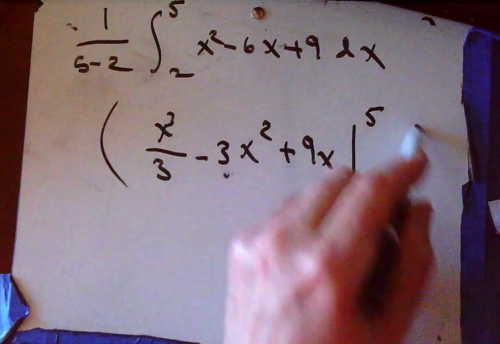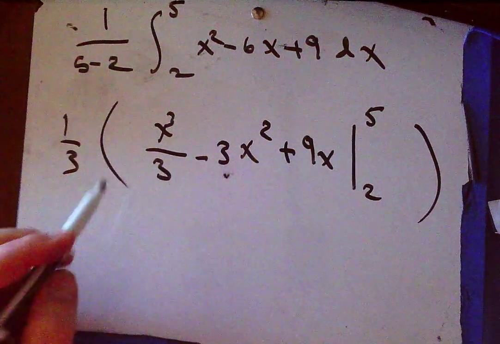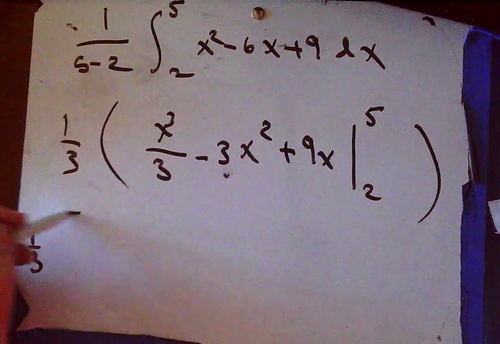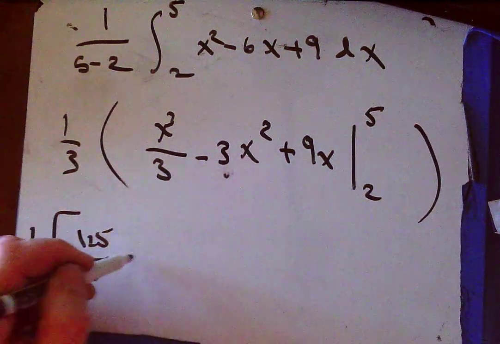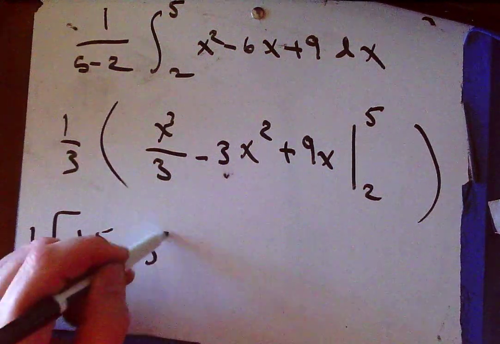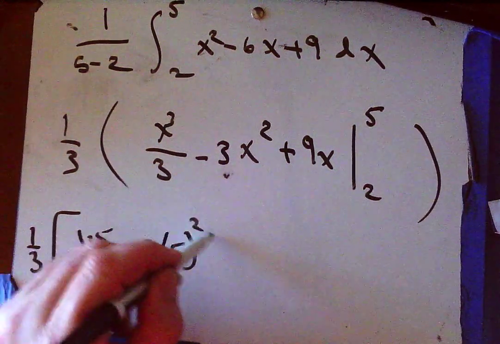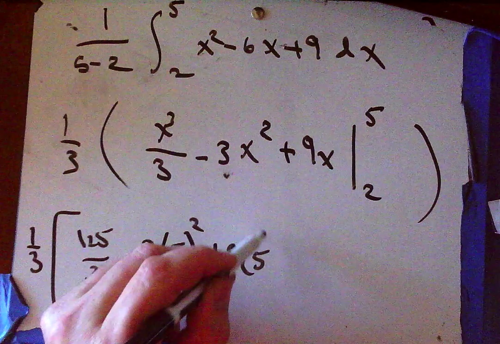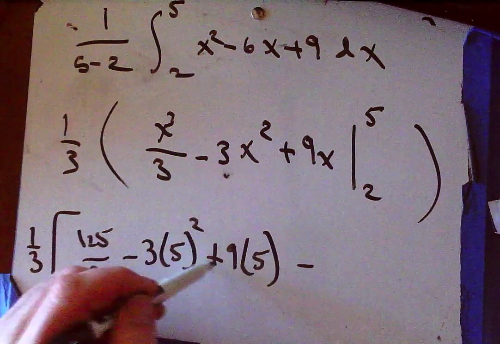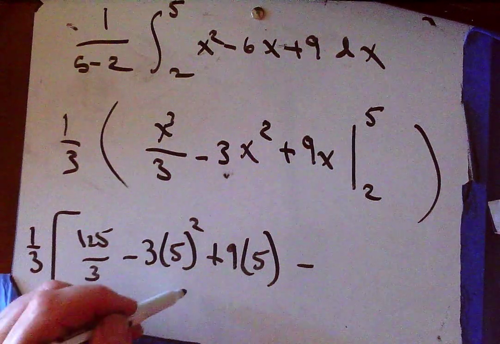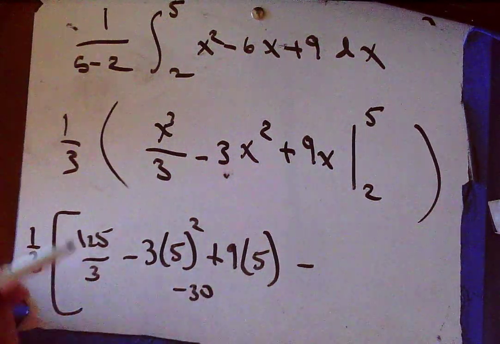There's also a 1/3 out in front. So if I plug in 5, I'm going to plug in 5 cubed over 3 minus 3 times 5 squared plus 9 times 5. 75, 45, that's minus 30.